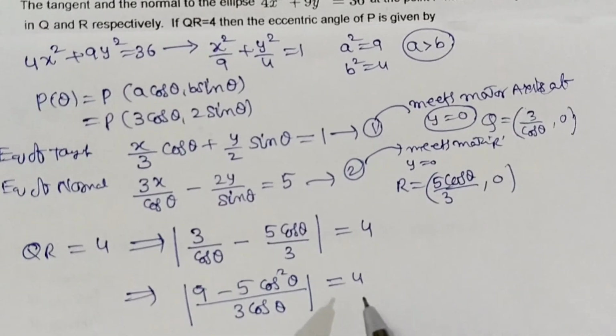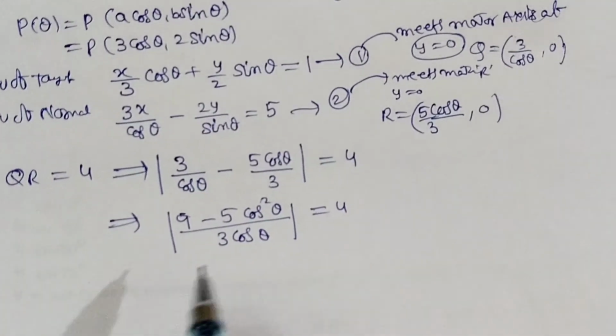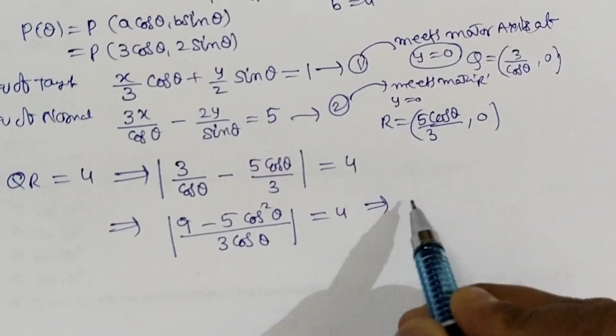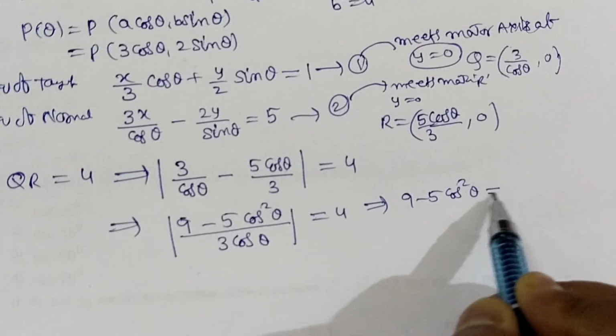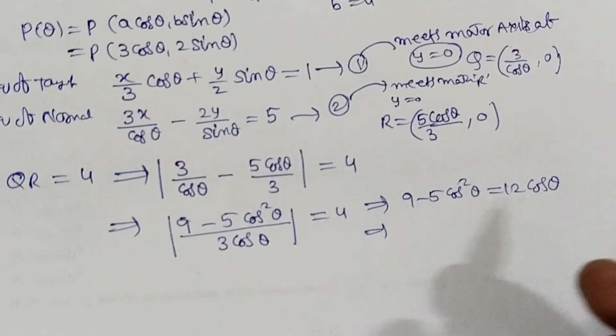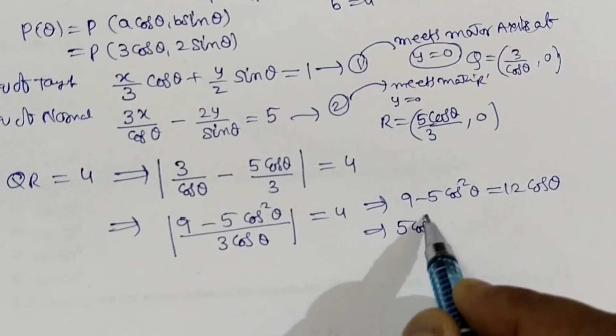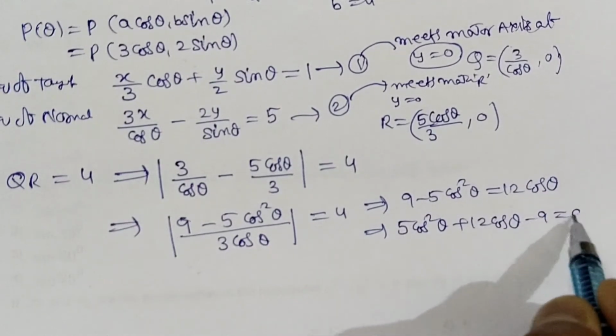Cross multiply and simplify. So 9 minus 5 cos square theta equal to 12 cos theta. Take these values to this side: 5 cos square theta plus 12 cos theta minus 9 equal to 0.